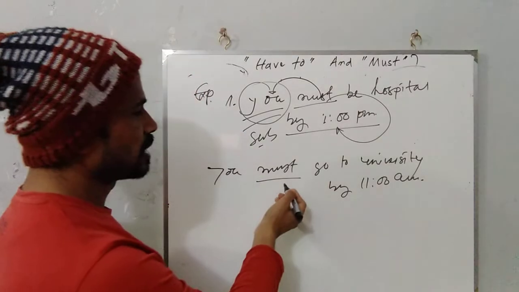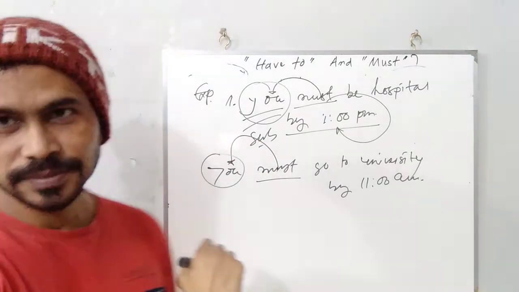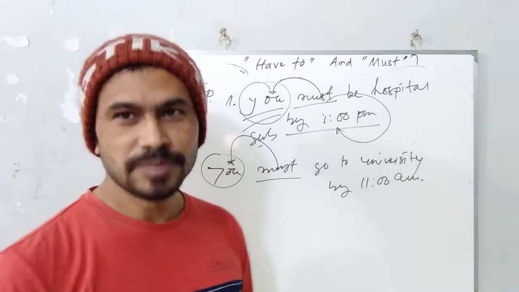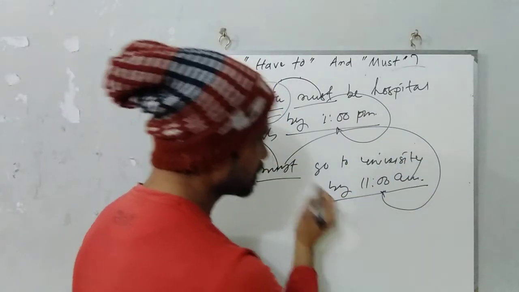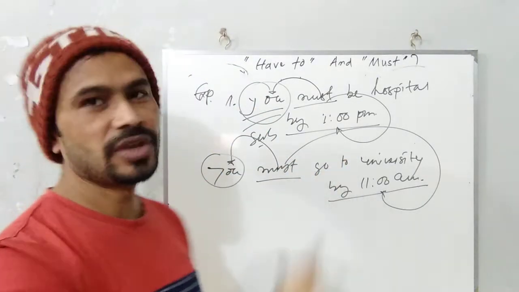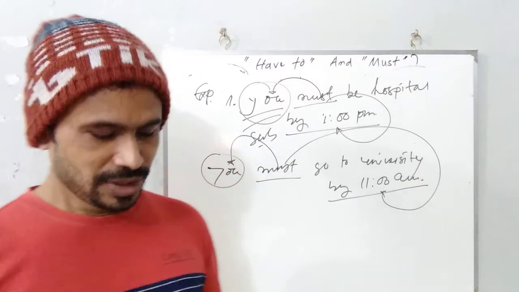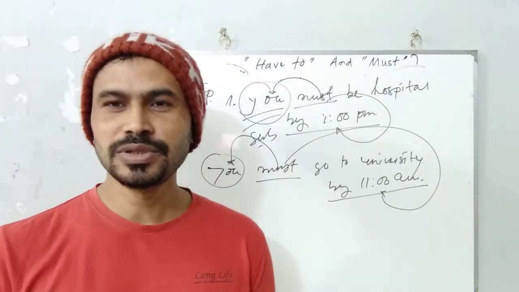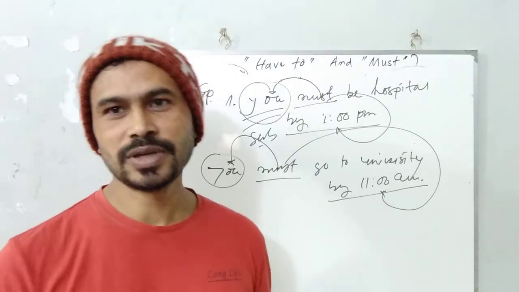So here I can say must emphasizes the subject, you must, and specific obligation. So must emphasizes the time. So in this time, you must be there. You must go to university. So my friends, you got the idea, and you understood what I am trying to tell you or discuss.